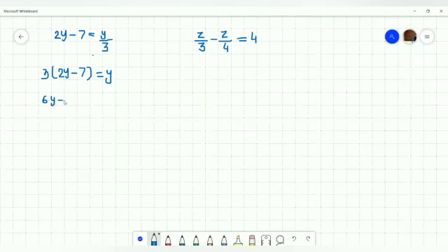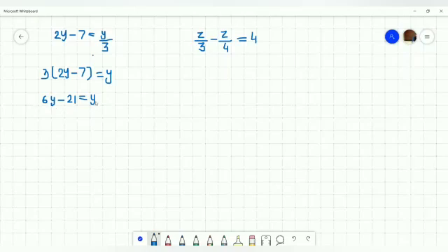minus 7 into 3 is 21 is equal to y. So now this is a simple type of equation with variable on two sides or both sides.